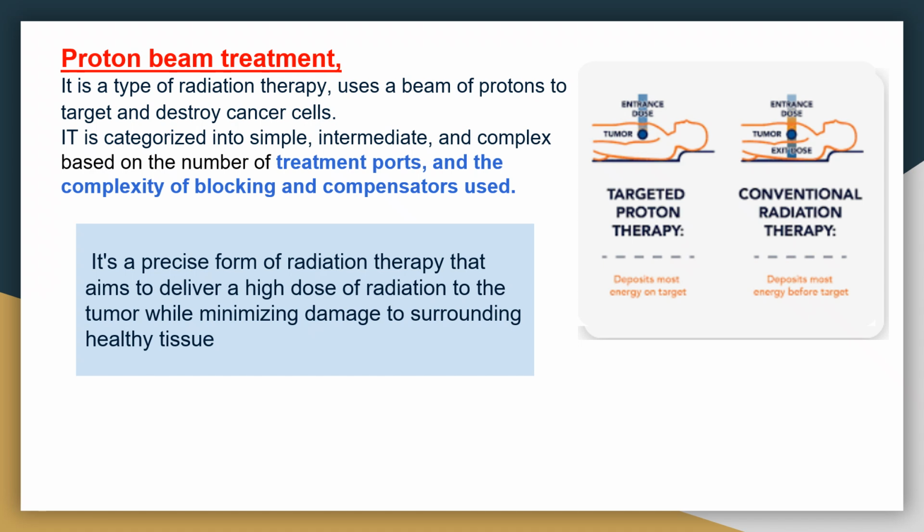The only difference between the proton beam and the conventional radiation therapy is that this therapy delivers a high dose of radiation to the tumor while minimizing the damage to the surrounding healthy tissue. So if you see this structure, the proton beam stops here and only destroys the tumor, while here the conventional beam passes through the tumor and it may affect the normal cell structure.